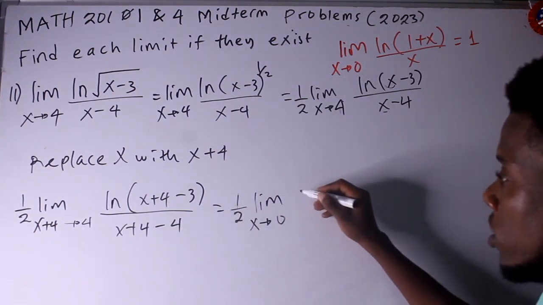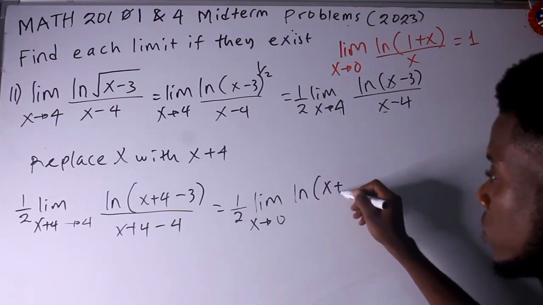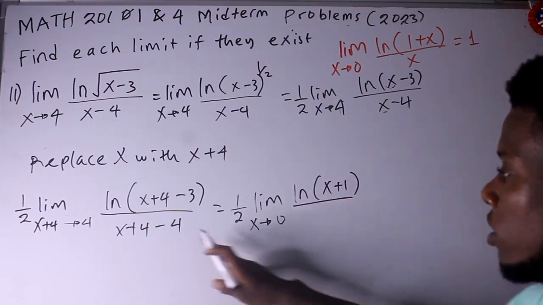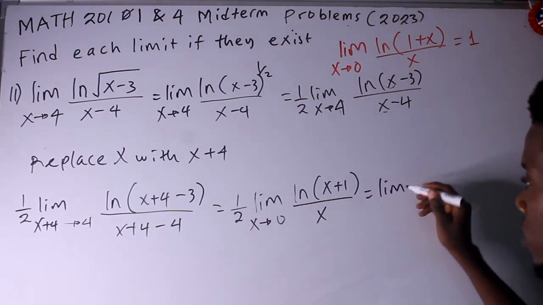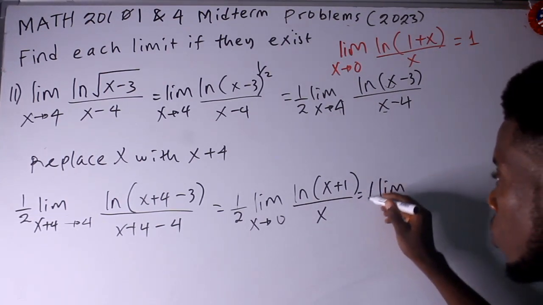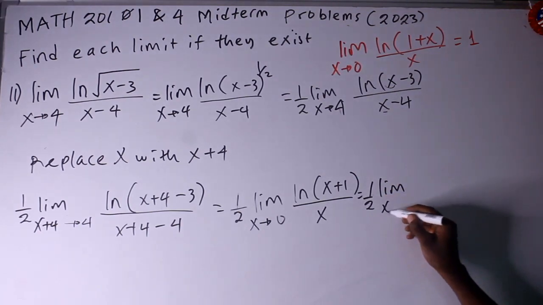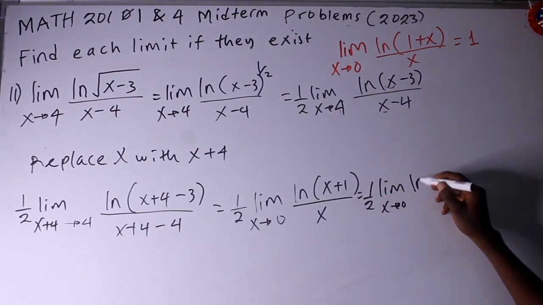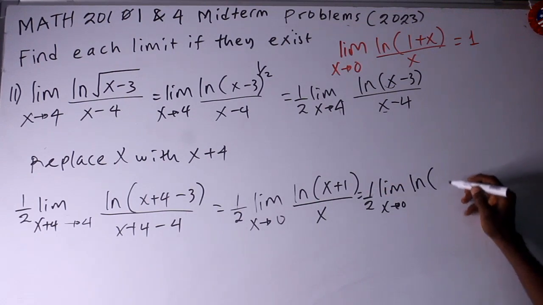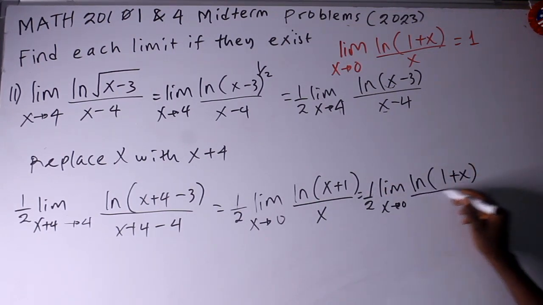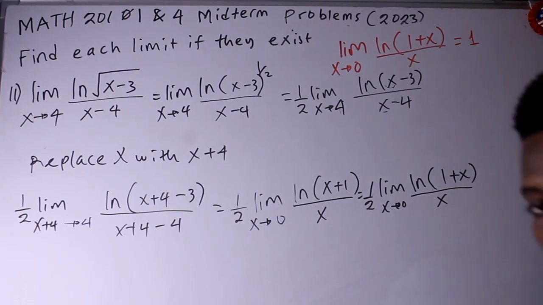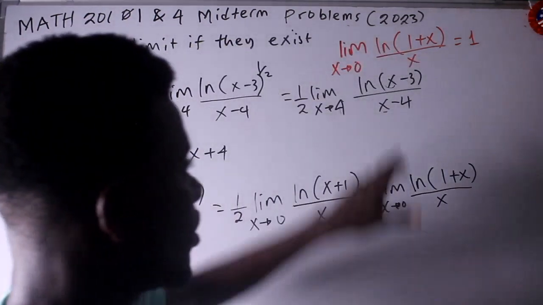So it's the ln of x plus 1 all divided by x. So we want to rewrite it: 1 over 2, the limit as x approaches 0 of the ln of 1 plus x all divided by x.